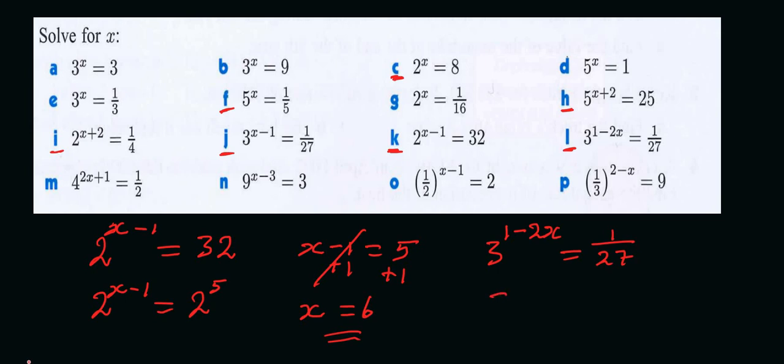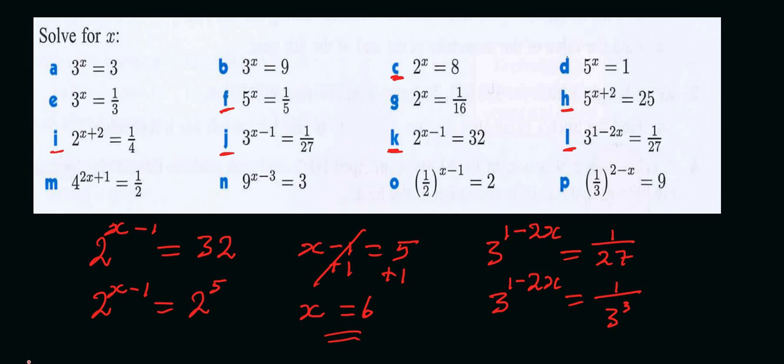So now let's try and make the fraction have a base of 3. So this will become 1 over 3 exponent 3. So the exponent of this fraction is 3. So now we can change the exponent to a negative exponent, so the base can become a whole number.